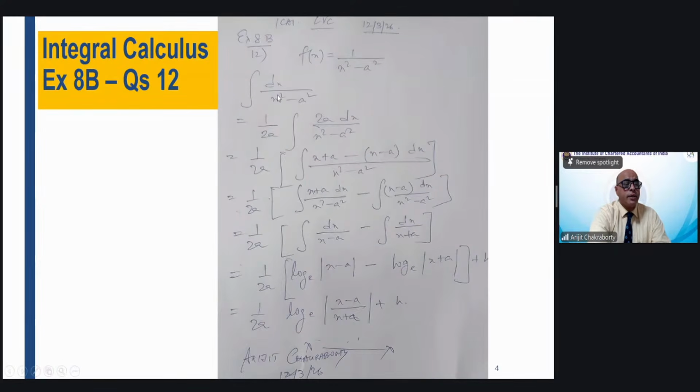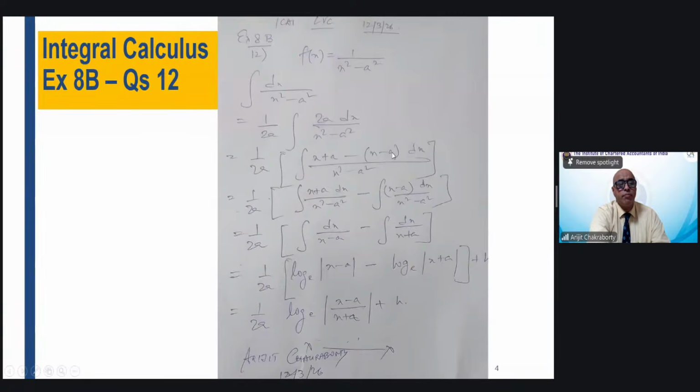तो मैंने क्या किया कि x square minus a square ऊपर numerator में तो there is nothing. It is basically 1 dx. So मैंने क्या किया? 1 by 2a I have taken common so that I can get 2a in the numerator. इसके बाद मैं 1 by 2a common ले लिया और 2a को I have expressed it, please see, as x plus a minus x minus a.